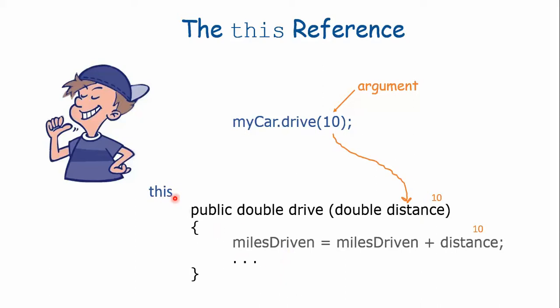What this variable represents, this is something that we don't declare specifically, and this is a reference variable which refers to my current object on which this method is called. So here drive is called on my car object, so this references my car.